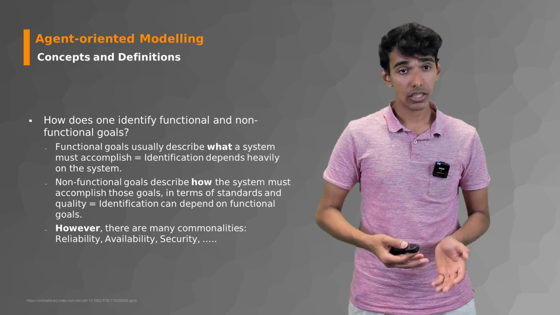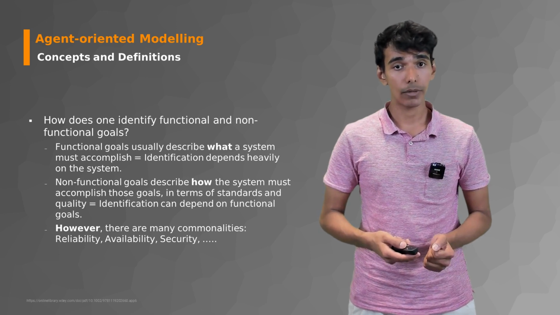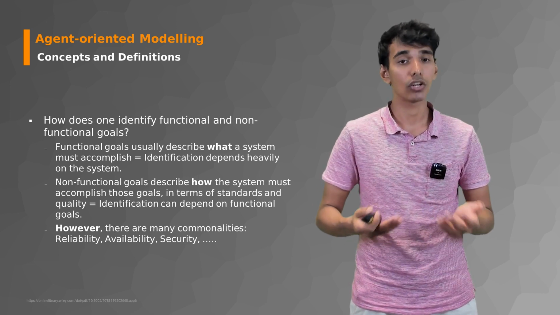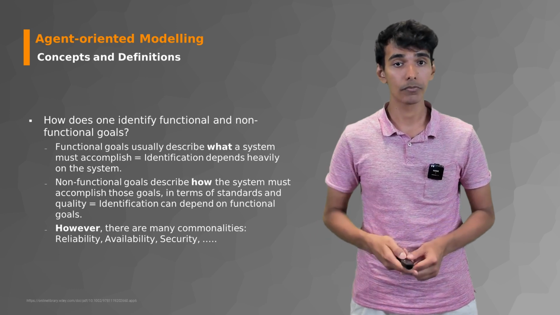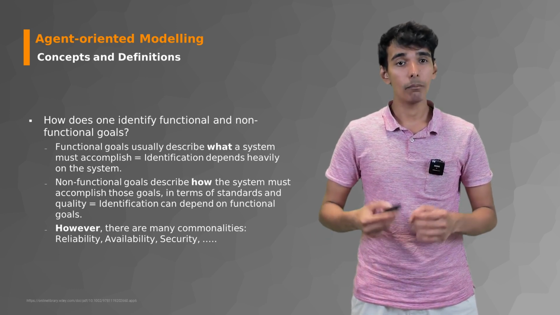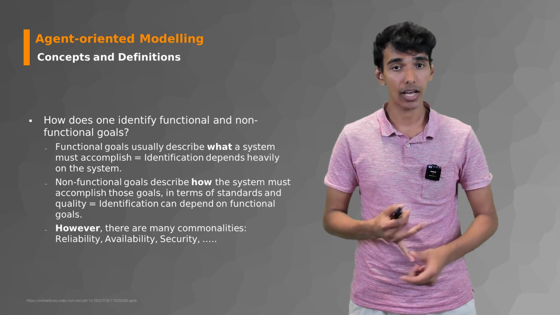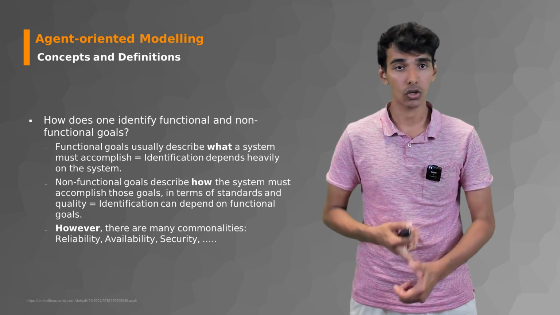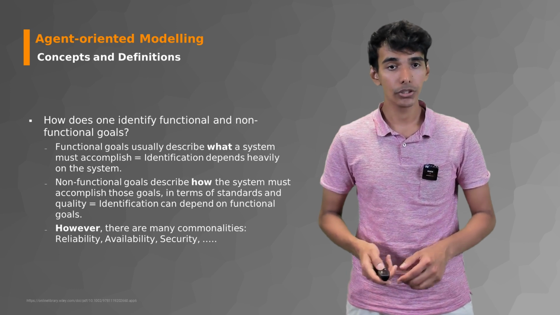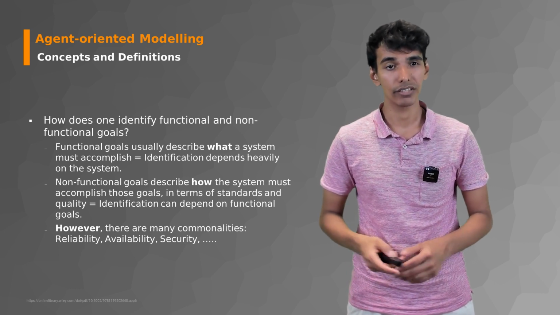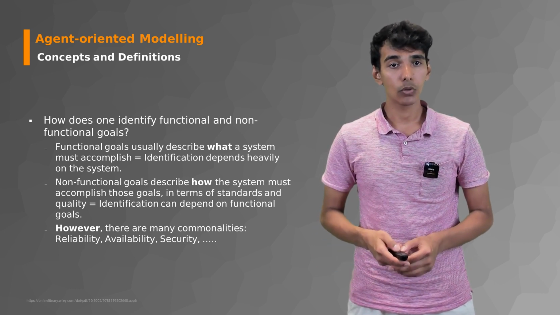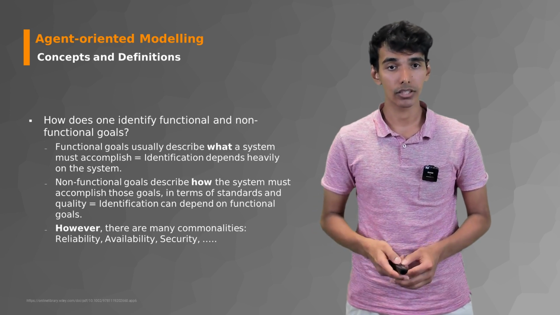Identification of non-functional goals can depend on exactly which functional goals they are related to. However, there are many common non-functional goals that you can find, like reliability, availability, security, and so on. You can find a full list of various common non-functional goals as a reference in our slides.